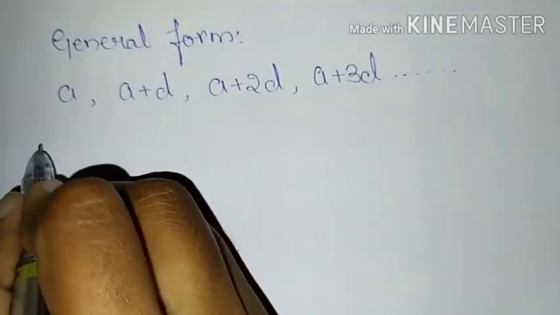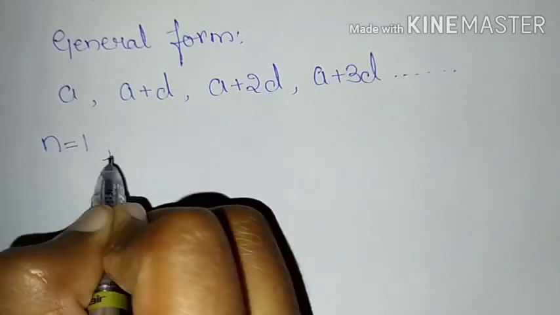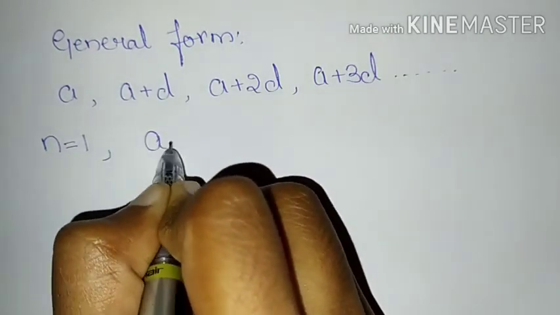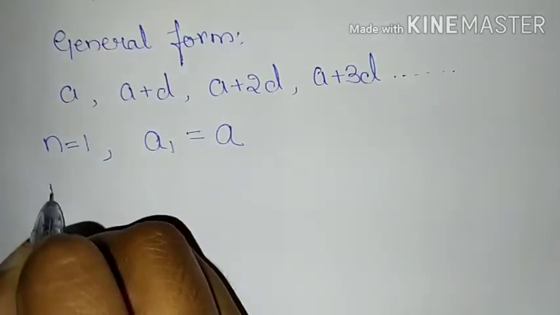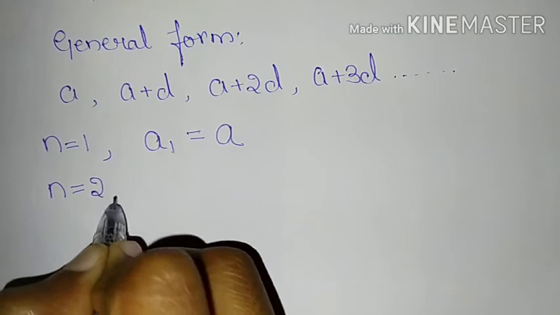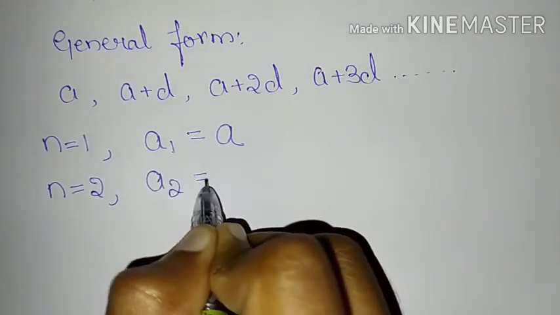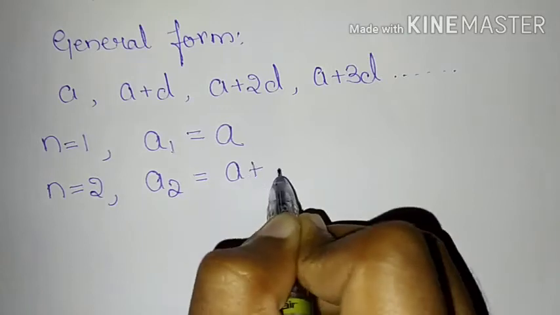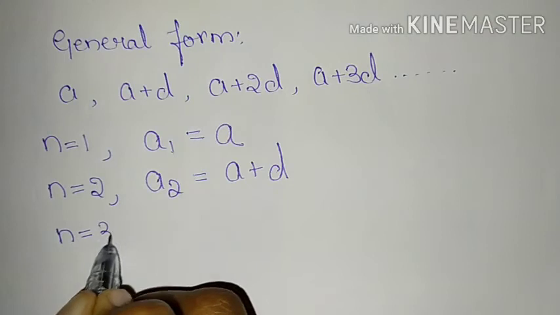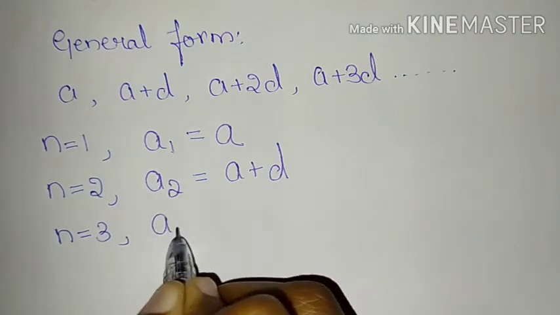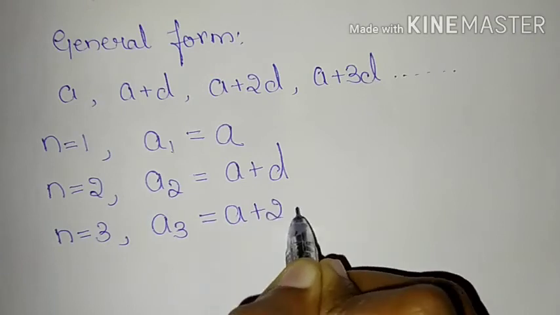So for the first term, that is n equal to 1, a1 is equal to a. That is our first term. When n is equal to 2, the second term, a2 is equal to a plus d. Agree? Now when n is equal to 3, a3 is equal to a plus 2d.